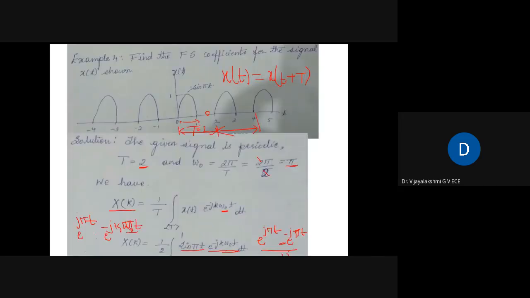So this is for the first term I have shown. Similarly, you can simplify the second term also. I think it is clear now. So we have got two terms now: integral from 0 to 1 e raised to j 1 minus k pi t dt minus integral 0 to 1 e raised to minus j 1 plus k pi t dt.